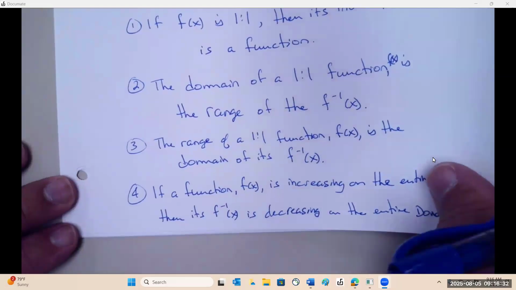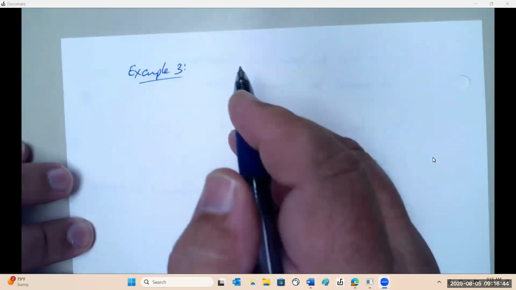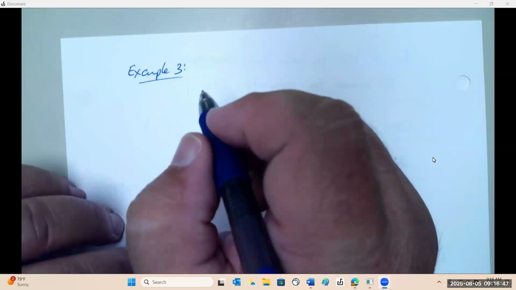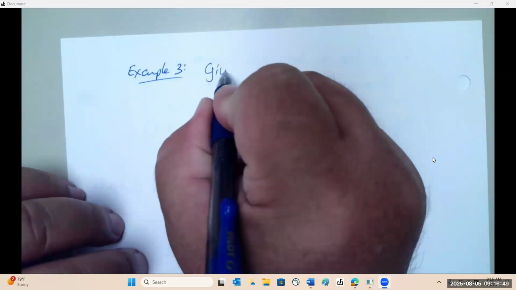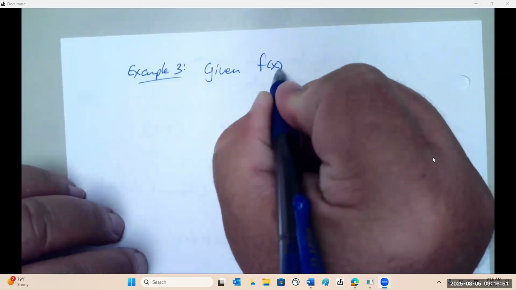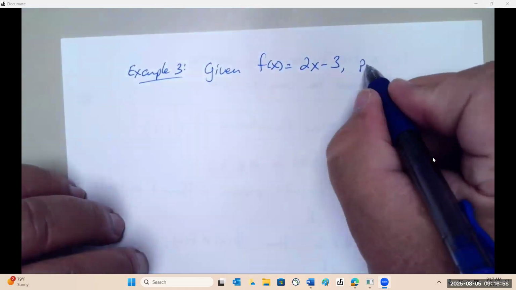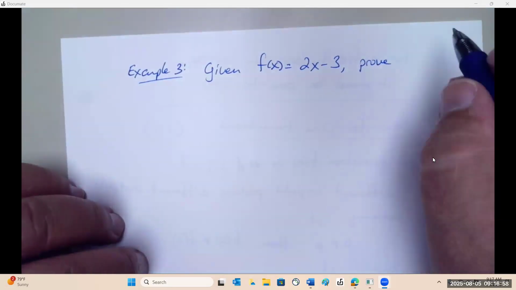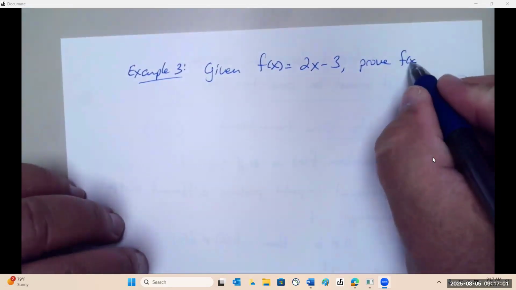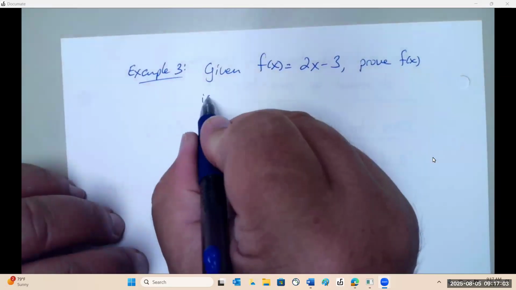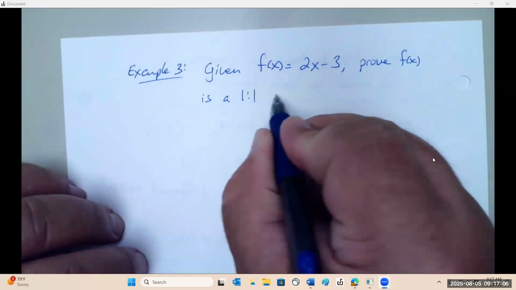Let's look at an example. Okay, given f of x is equal to 2x minus 3, prove f of x is a one-to-one function.